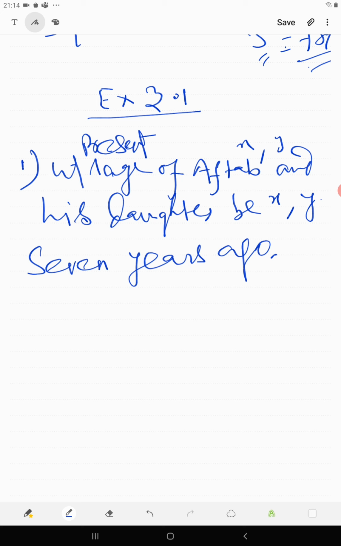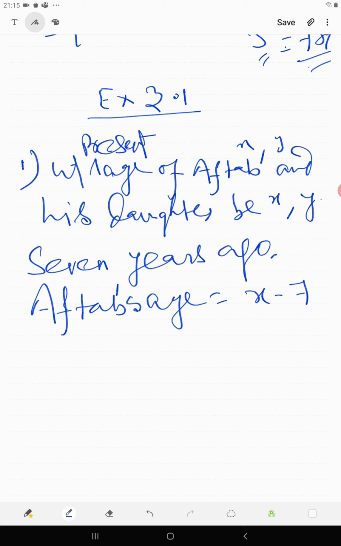So 7 years ago, what will be Aftab's age? 7 years ago, Aftab's age was X minus 7. You see, if your current age is suppose 16, then 7 years back, your age was 16 minus 7, that is 9 years.